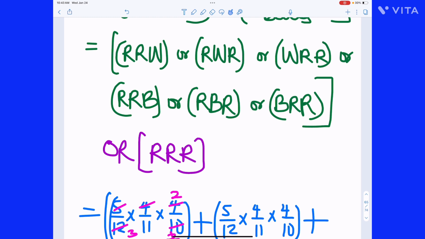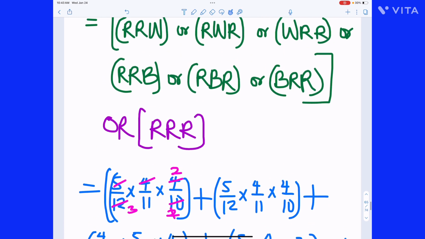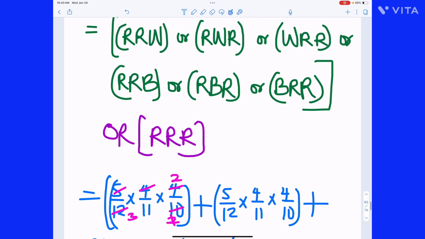Red, white. There are 5 reds and 4 whites. So the probability that you pick a red first time is 5/12. Can you see that? The probability that you pick a red second time will now be 4/11.